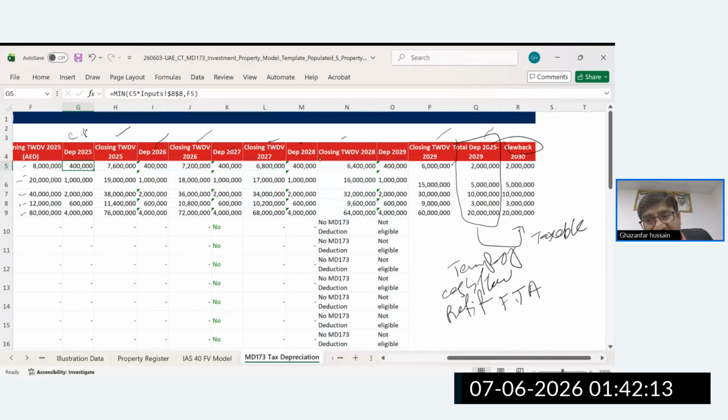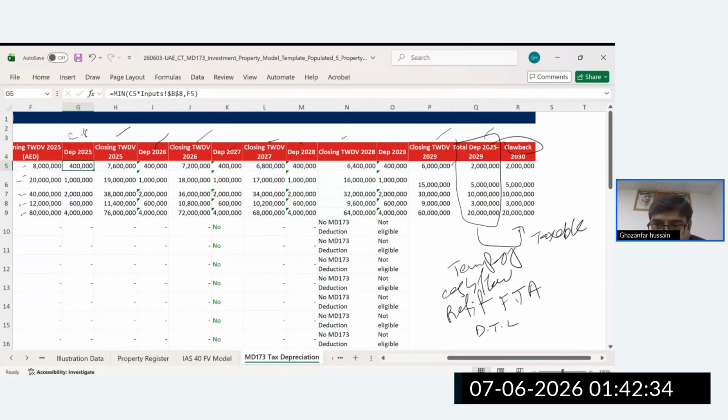But if we are doing it here, what we are building is a deferred tax liability. You might have heard of the concept of deferred tax asset. In this case, we are building the deferred tax liability. Why? Because this deduction will become taxable in the future.